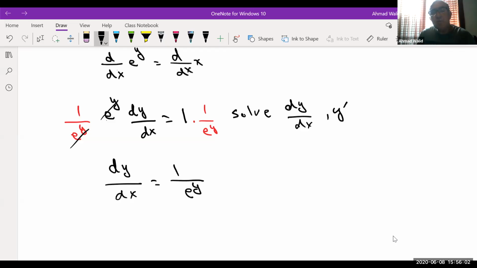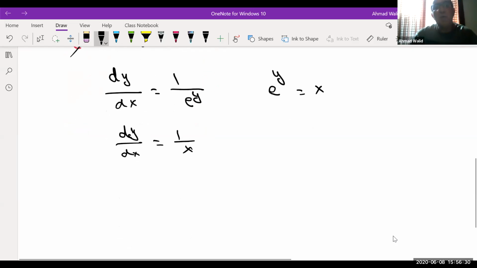Remember, when we started the proof, I wrote this equation for you: e to the y is equal x, right? The value of e to the y is x. Let's substitute the value of e to the y here, or replace e to the y with x. Then you can write dy dx equals 1 over x.